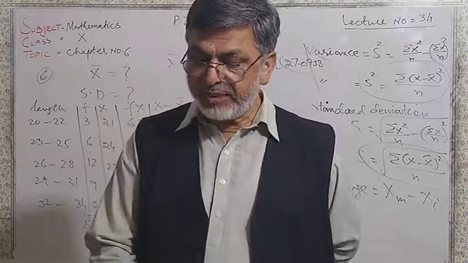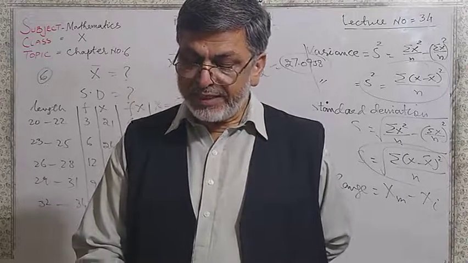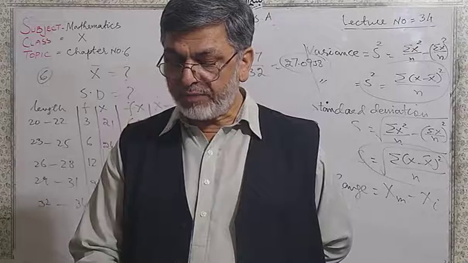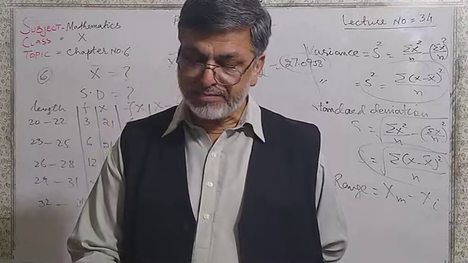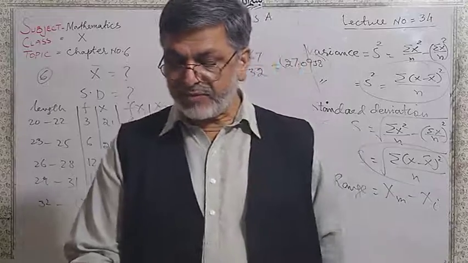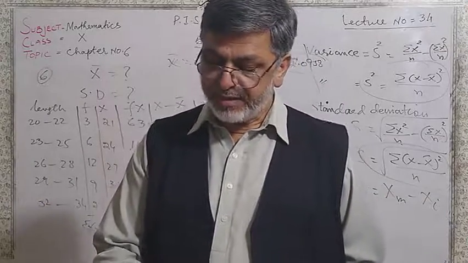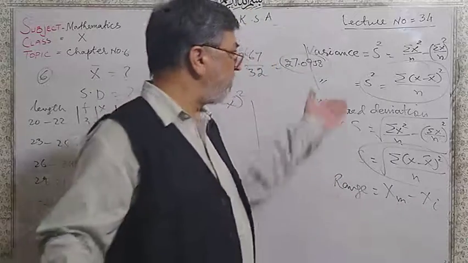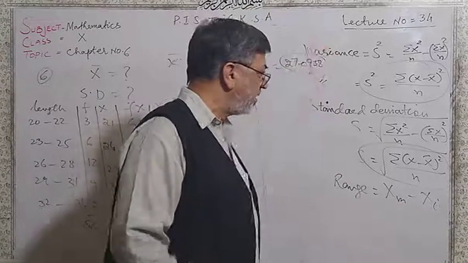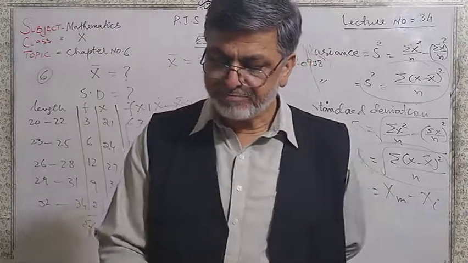The measure which determines the middlemost value is known as median. The observations that divide a data set into 4 equal parts are quartiles. The spread or scatteredness of observations in the data set is called dispersion. And these are the measures of dispersion: variance and standard deviation.